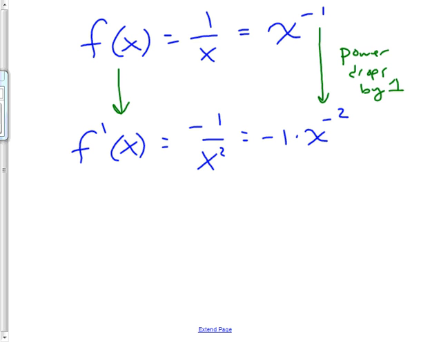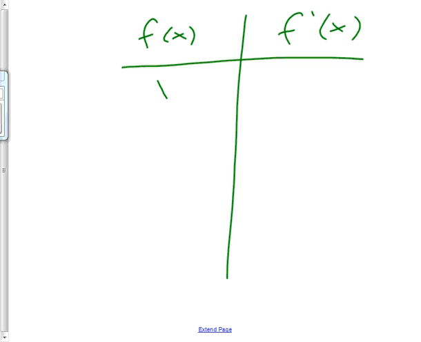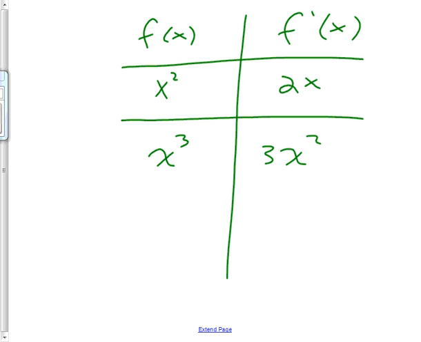So let's create a nice little table that looks at the 3 functions that we've looked at so far. So if I have the function and its derivative, I started off with x squared, and then had the derivative of 2x. And then the next function we looked at was x cubed, and it became 3x squared.